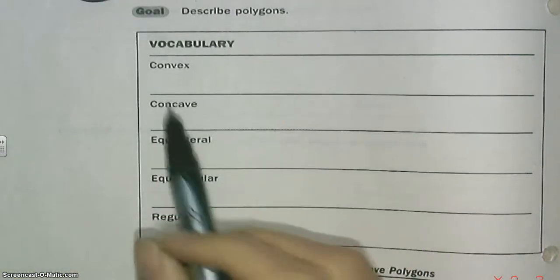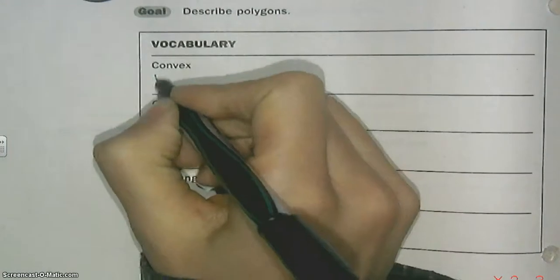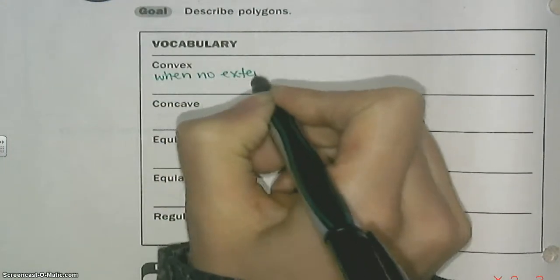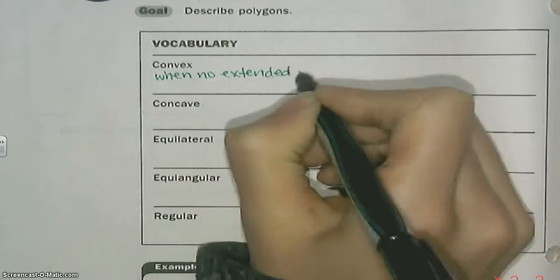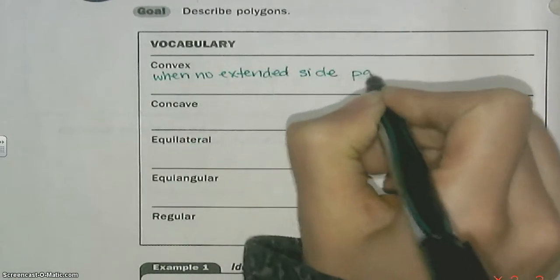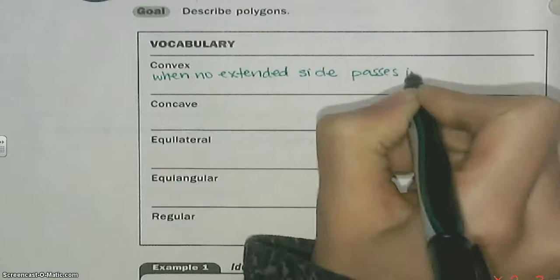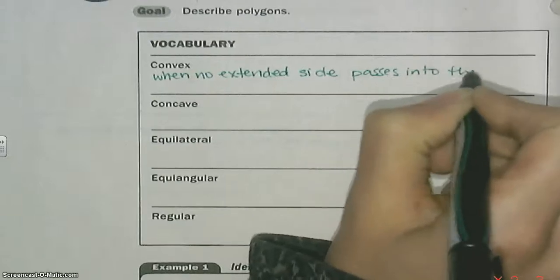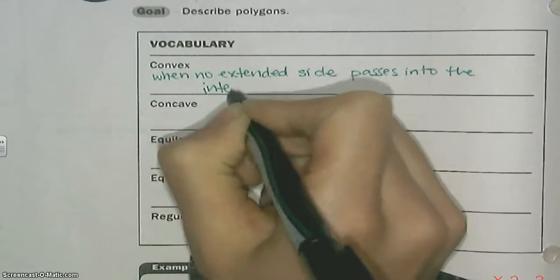So the first is convex, and convex is when no extended side passes into the interior of a polygon.